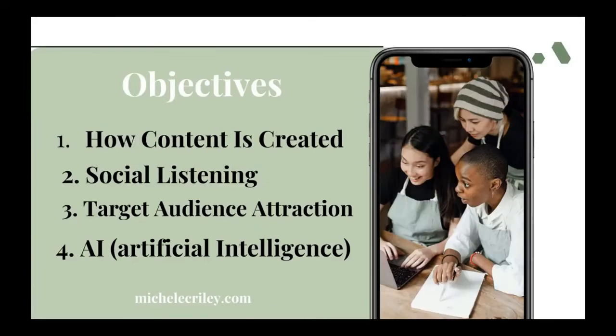So the objectives that I'm going to cover in today's video are how content is created, social listening, target audience attraction, and AI, meaning artificial intelligence. Now, when it comes to AI, I know some people may push back and say, oh, I don't want to be dealing with AI as far as marketing, but you have to realize you are already using AI.